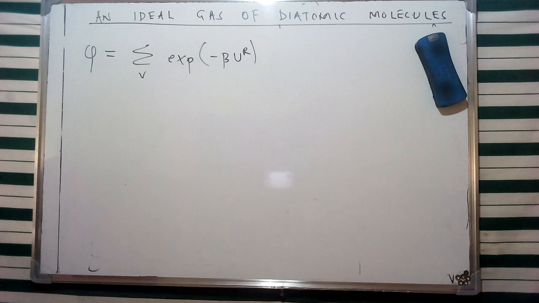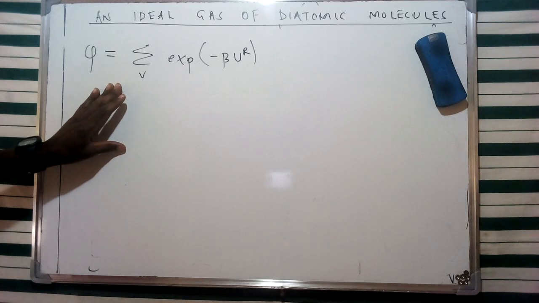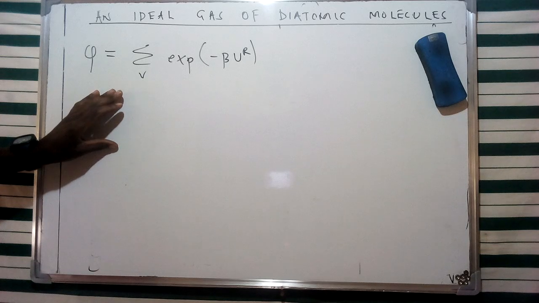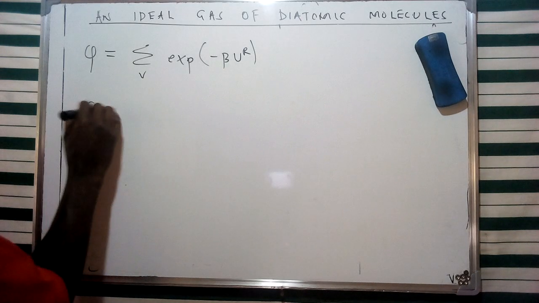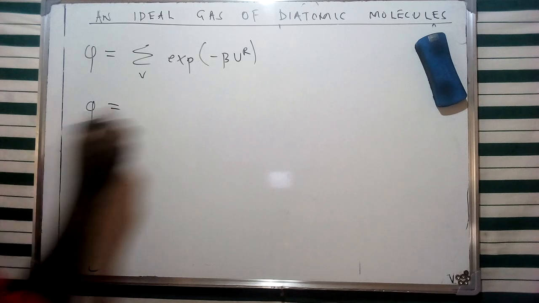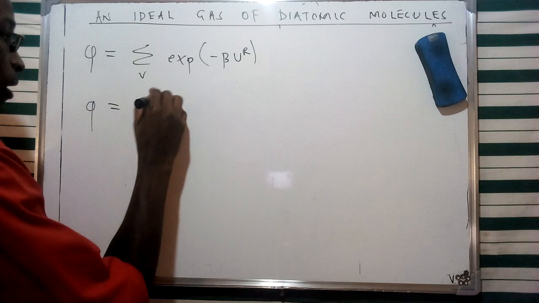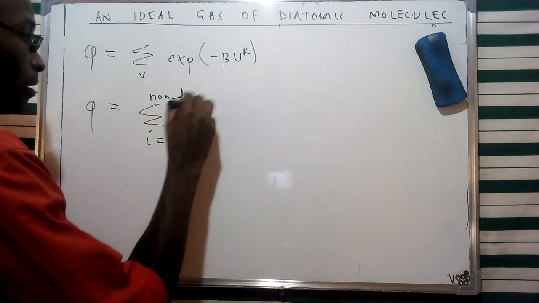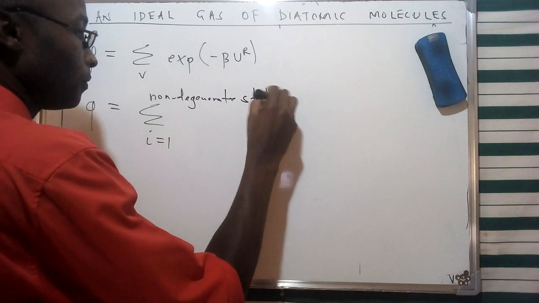And then we're also going to try to give this equation in terms of degeneracies, which I had mentioned, which is basically going to be a sum over the unique energies, given in terms of the summation from i equal to 1, considering non-degenerate states.